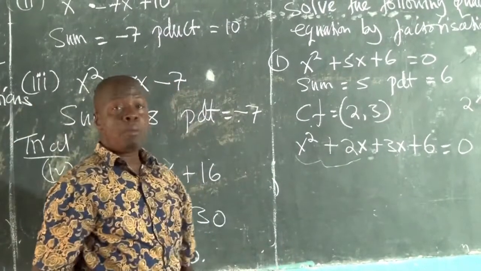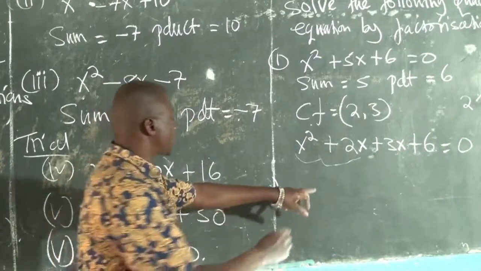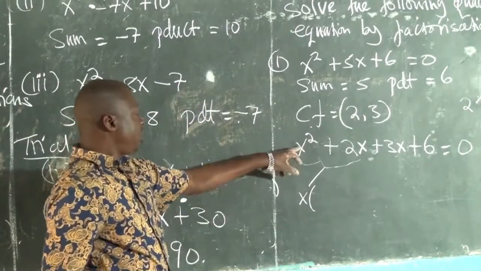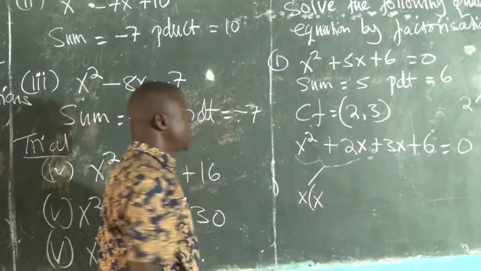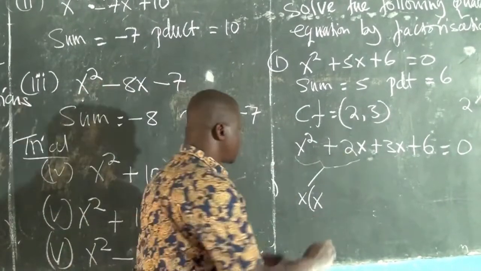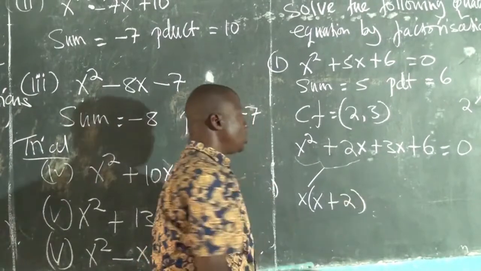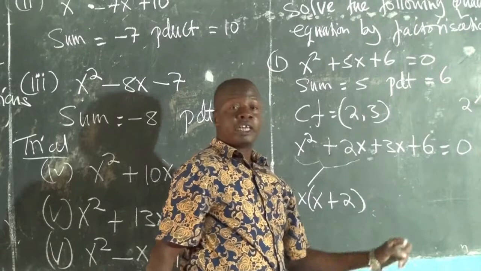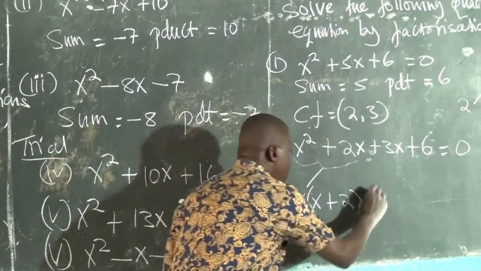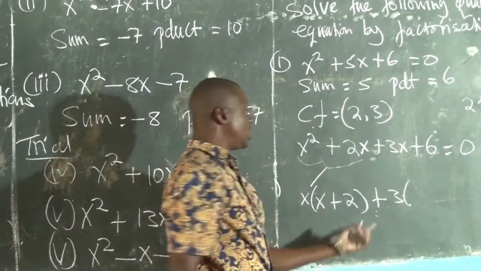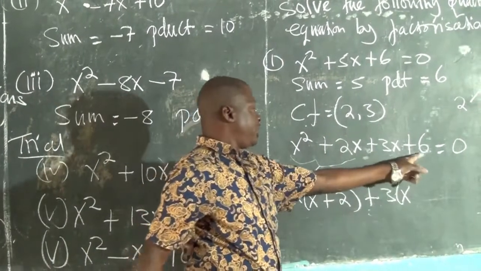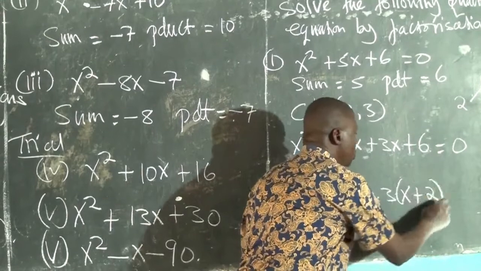There is something common, that is x. We said x divided by x, that is divided by x, it gives plus 2. We shall go in here. Something common, that is positive 3. We shall write here plus 3 into, divide by 3, it gives the x. Divide by 3, it gives the 2.